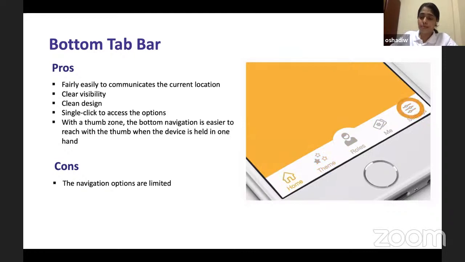But here also we have to consider more points, the thumb zone, etc., because here also we can't have more options. We can just have limited options. Otherwise, this top menu bar looks really cluttered.